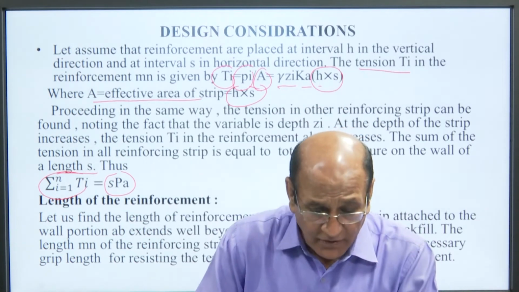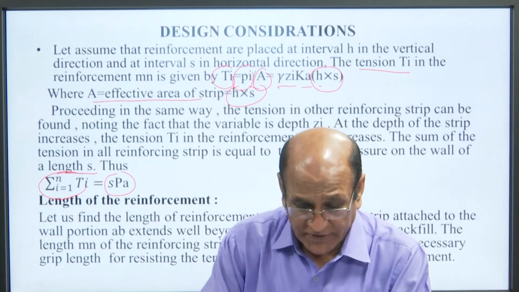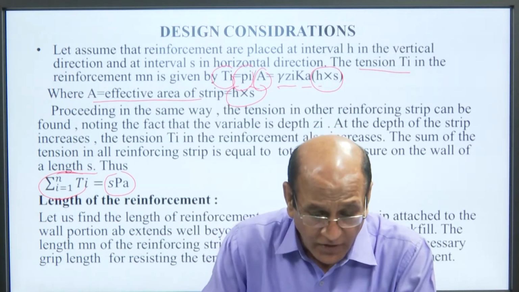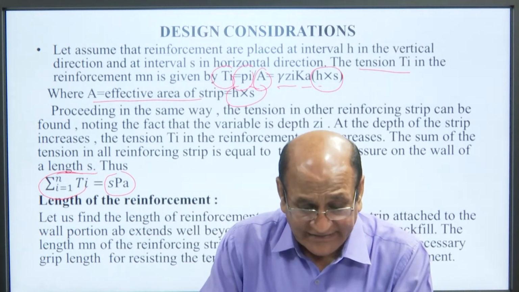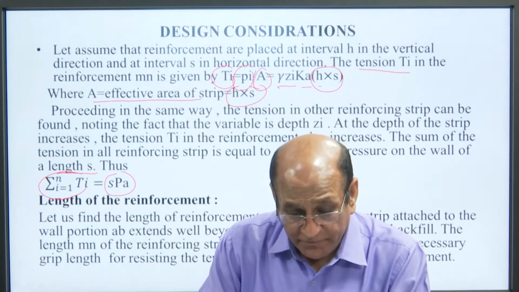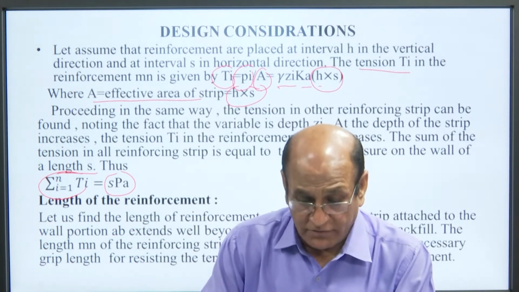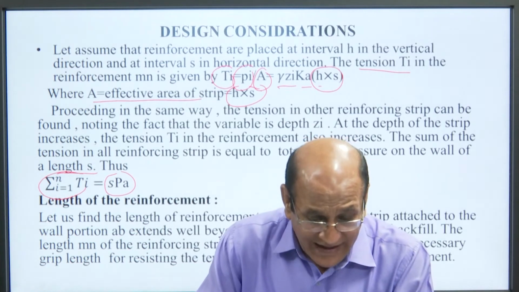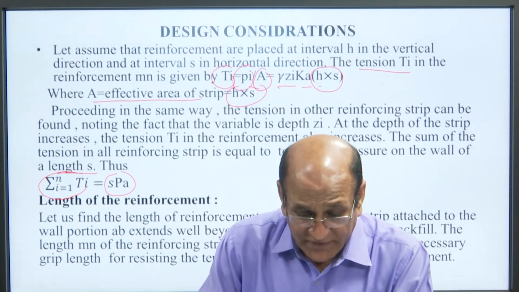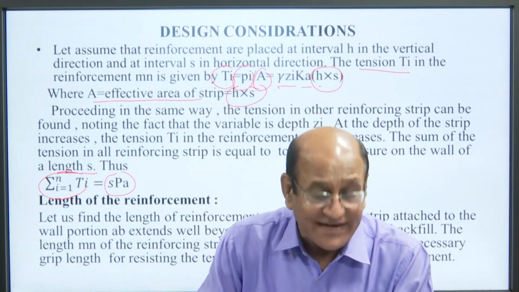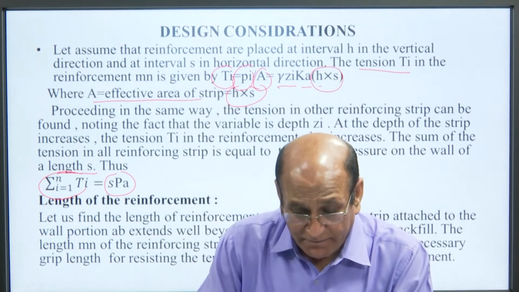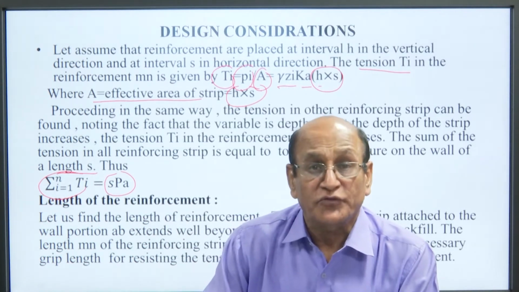Now we can calculate the length of reinforcement. So, let us find the length of reinforcement. The reinforcing strip attached to the wall portion AB extends well beyond the active zone into the backfill. The length MN of the reinforcing strip is neglected for computing the necessary grip length for resisting the tension developed in each reinforcement.